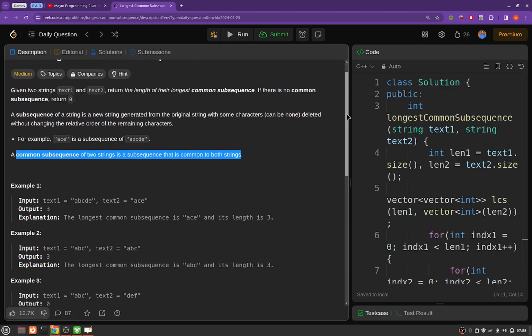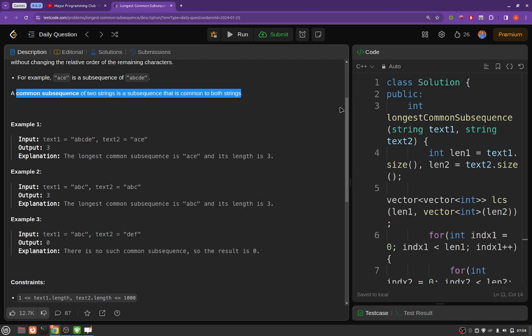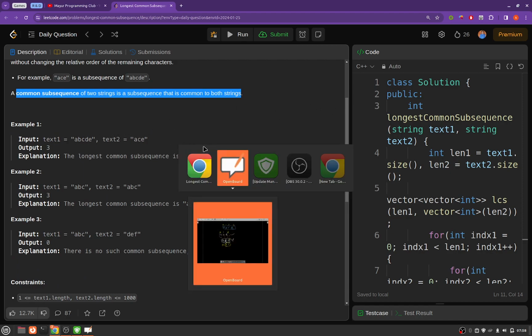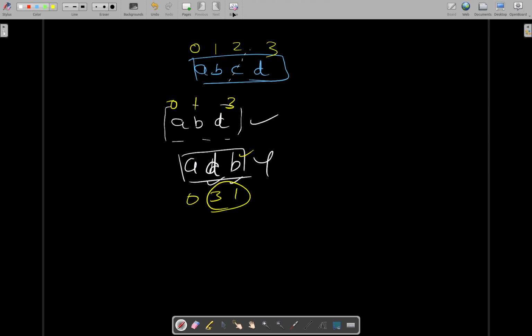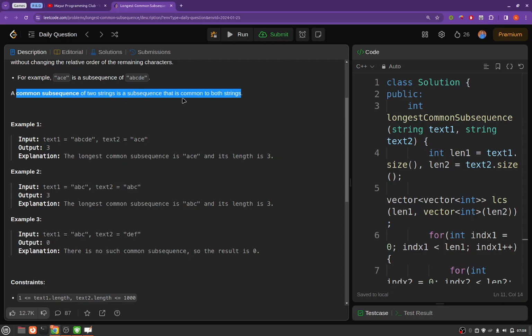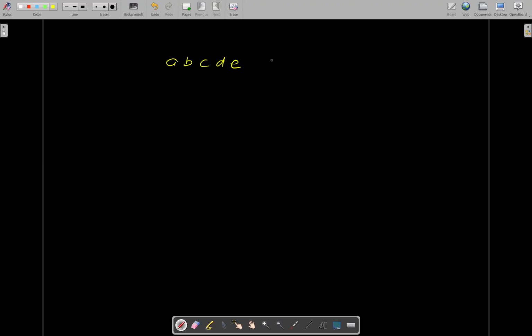So for example, these two strings are given to you. A, B, C, D and E, and this is one string, and another string is ACE.